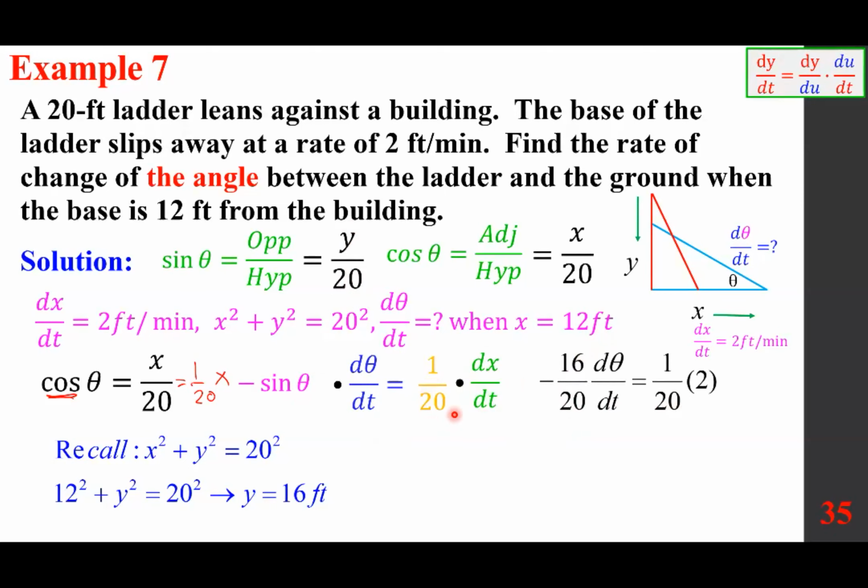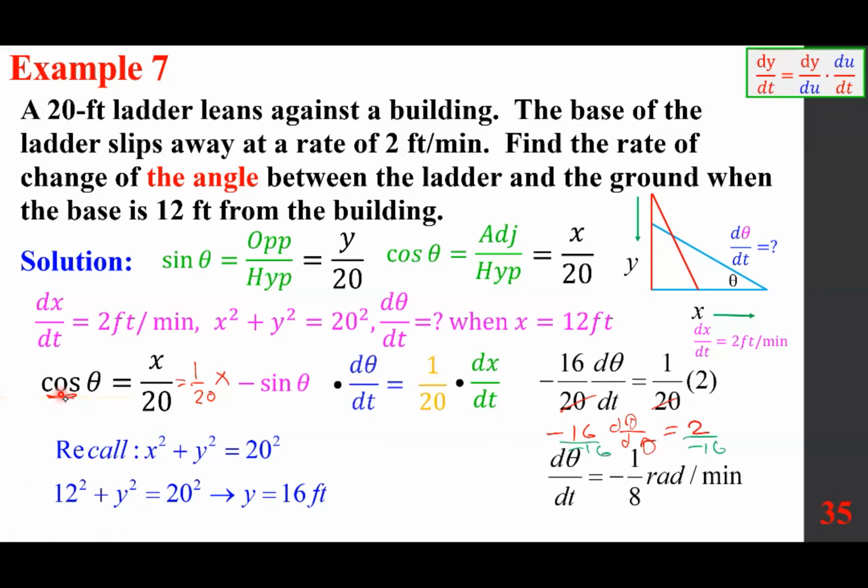On the right side it is 1 over 20 times dx dt, which is 2. And I hope you realize when both sides have the same denominator, you can drop it. So that means minus 16 d theta dt equals 2. Divide both sides by negative 16, and you get negative 1 over 8 radians per minute.